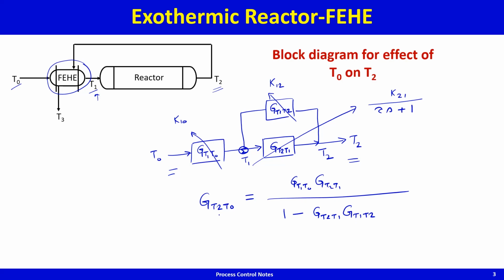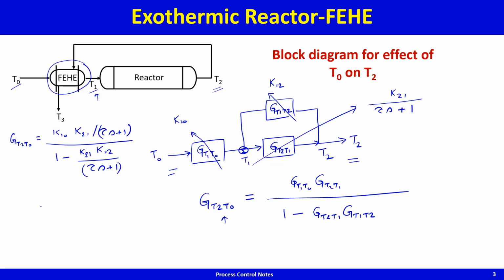Now if we substitute these transfer functions into this, what we will get is G T2 T naught is going to be K 1 0 multiplied by K 2 1 divided by tau s plus 1, this whole thing divided by 1 minus K 2 1 into K 1 2 divided by tau s plus 1.